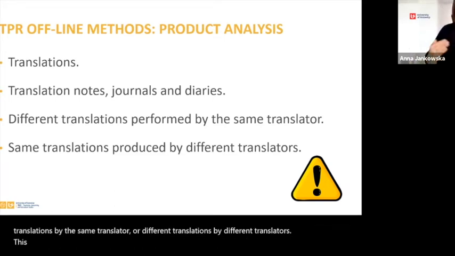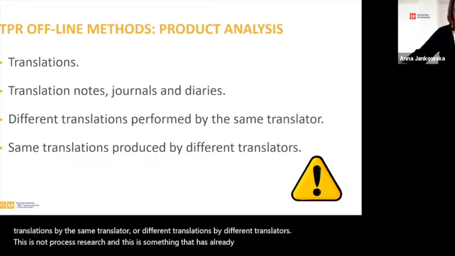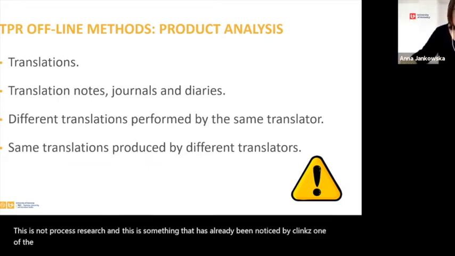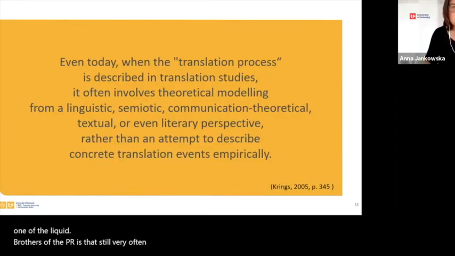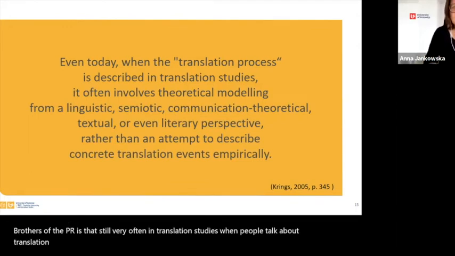And this is something that has already been noticed by Krings, one of the founding fathers of TPR, that still very often in translation studies, when people talk about translation process, it very often still involves theoretical modeling from a linguistic or semiotic point of view.